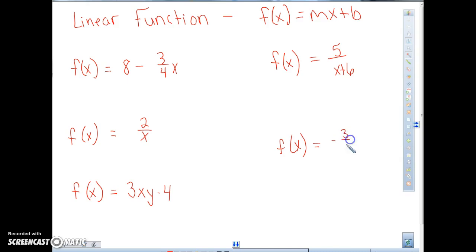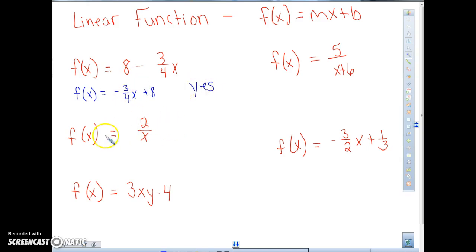If you cannot write it in slope-intercept form, most likely it's not a linear function. So this first one, we could write this in slope-intercept form because we could write f of x is equal to negative 3/4 x plus 8. 3/4 is my m, 8 is my b, so yes, this would be a linear function.